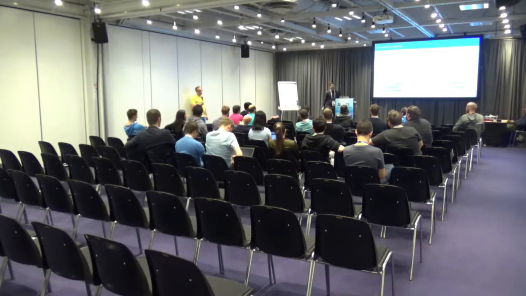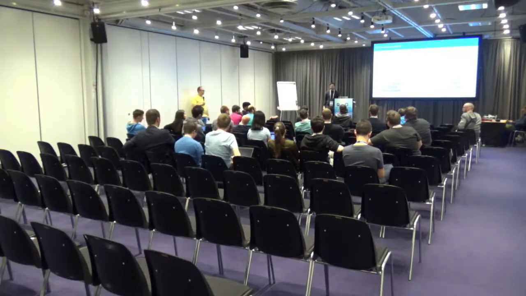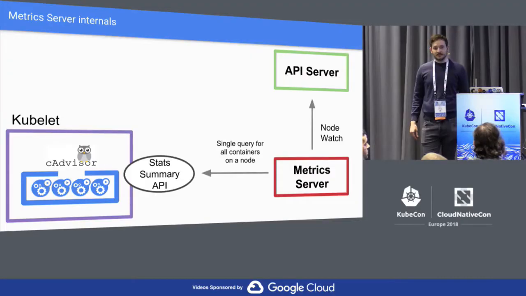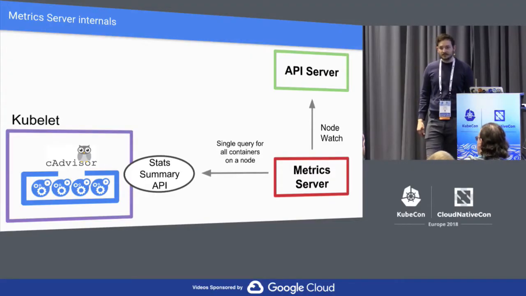Yeah, so we have actually been talking about exactly that. It's on my list of things to make that easier. I'm currently doing a refactor of the internals of metric server to simplify them, because there's some legacy code that was left over when we ported metric server from Heapster.